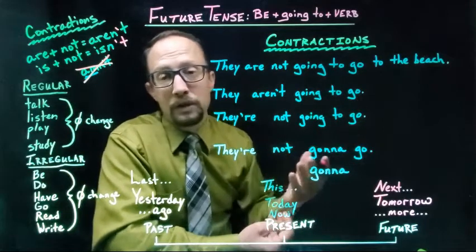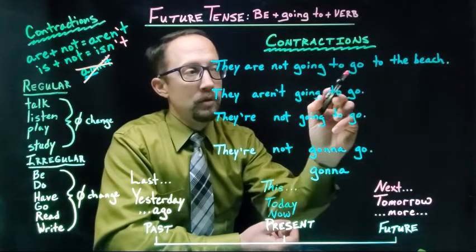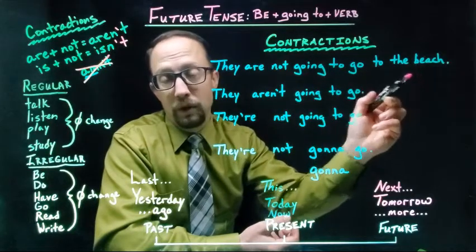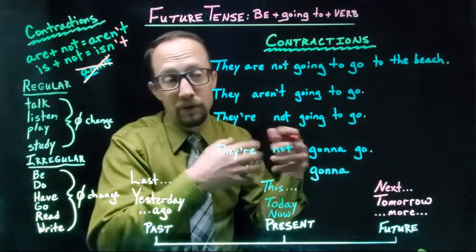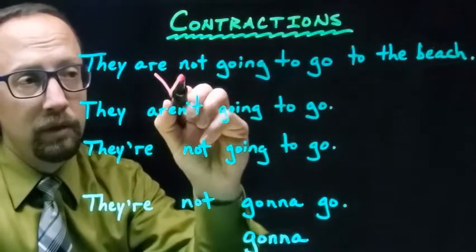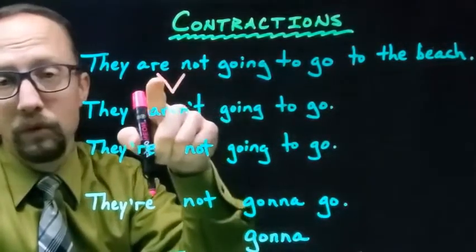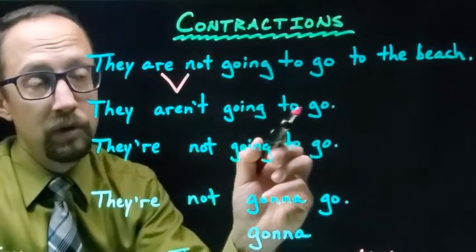All right, let's talk about more contractions. So our sentence is, they are not going to go to the beach. But when we talk, we make a lot of contractions. So I might put these two together and say, they aren't going to go.